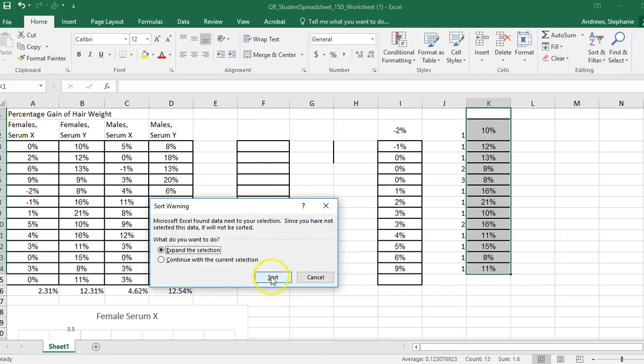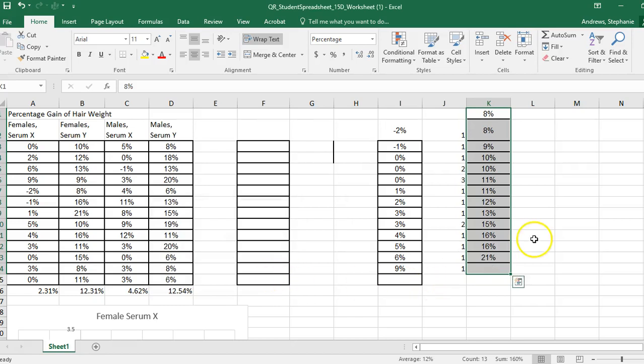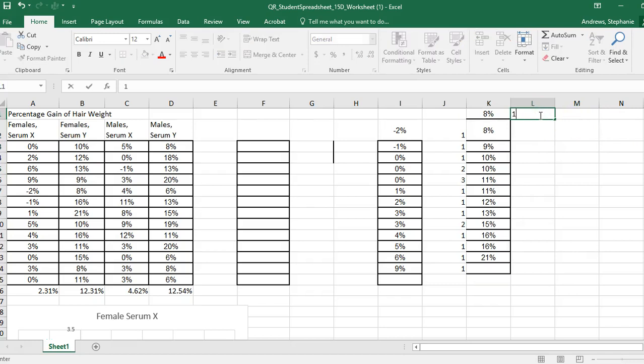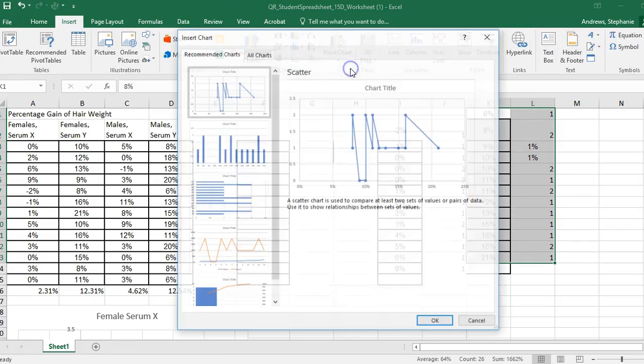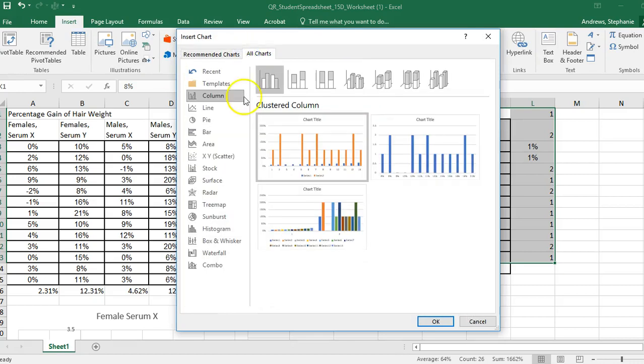It still doesn't like me. Let's see if I can continue with the same. Well, it did it. Okay, then I need to go in here and count my objects. Then grab both columns and ask it to insert charts, all charts, scatter.